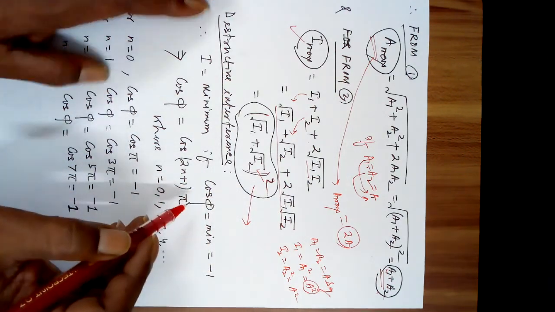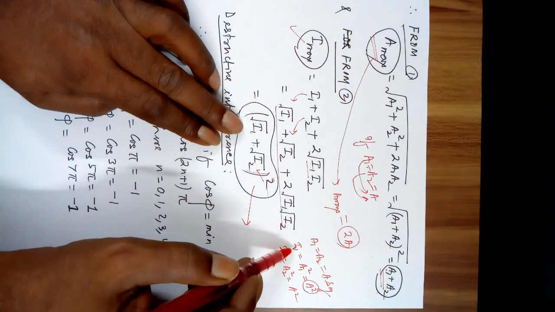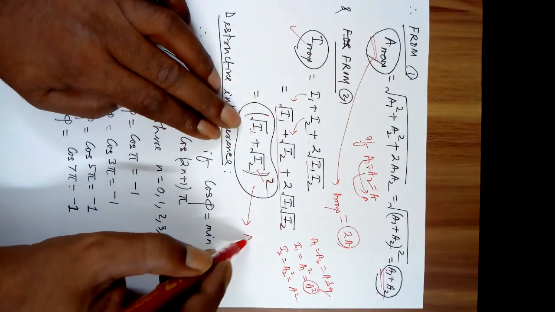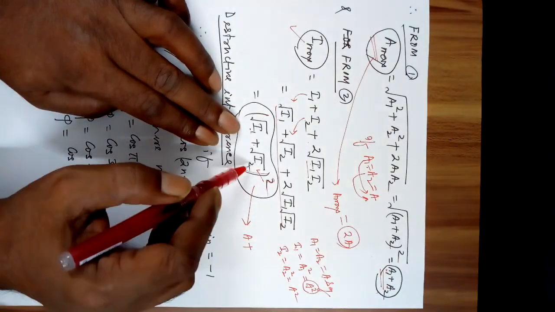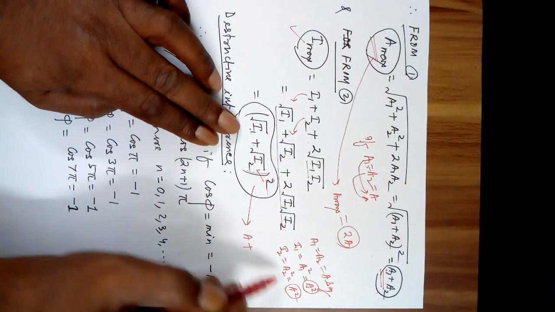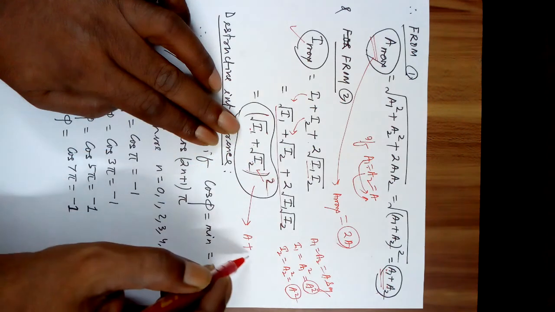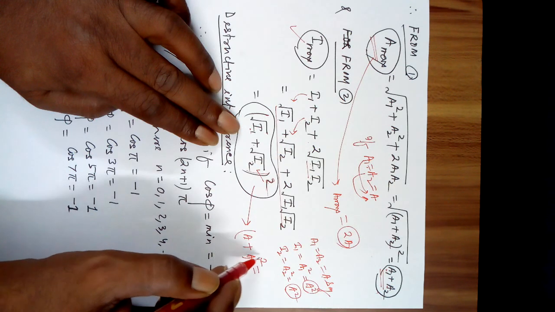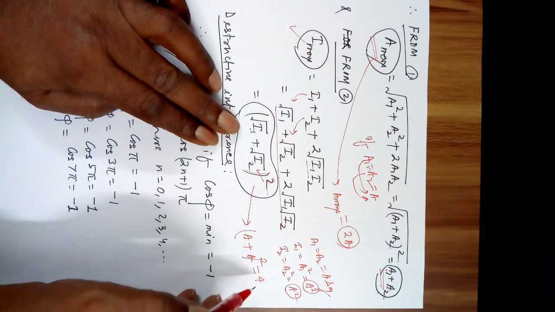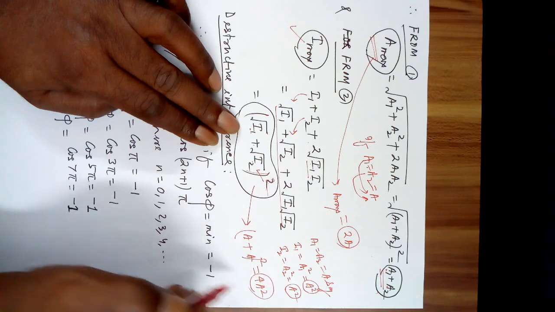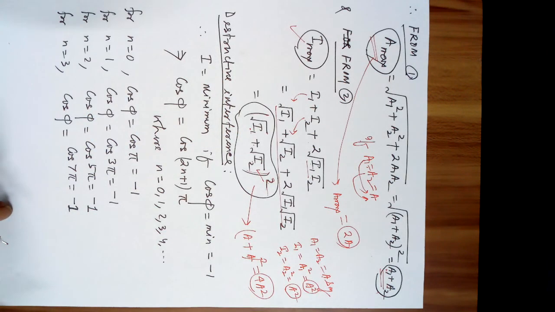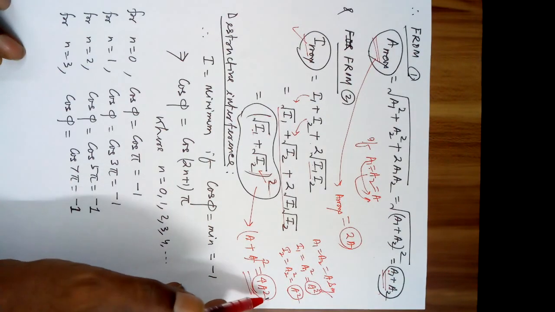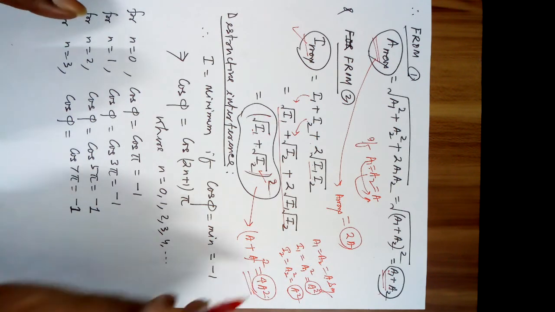So for I1 I write A square, square root of that is A. For I2 I write A square, square root of that is again A, then whole square of this, that is A plus A, that is 2A, square of 2A is equal to 4A square. So if the amplitudes are equal, then I maximum will be 4 times A square, where A is the equal amplitude for both the waves.